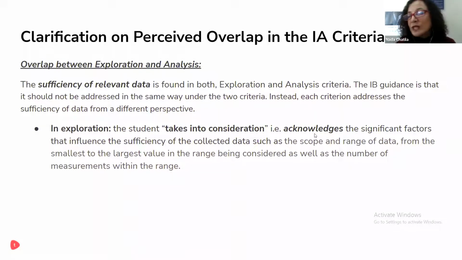The student only needs to acknowledge the significant factors that influence the sufficiency of the collected data in the method, such as making reference to the scope and range of data, the choice of the smallest and highest value, and any limitations due to a narrow range, due to the equipment or the nature of the investigation itself, as well as the number of measurements within the range.